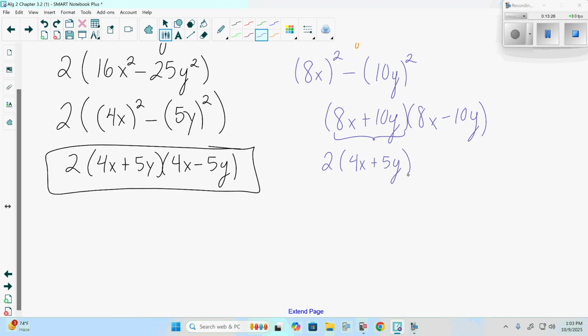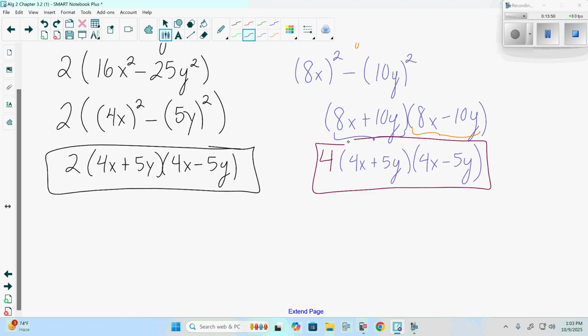which gives us 4x plus 5y. Well, there's also a greatest common factor of 2 here, which can be factored out, giving us 4x minus 5y. And our 2 times 2 out front would be our 4.